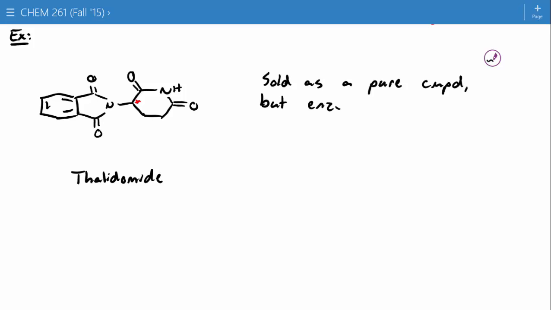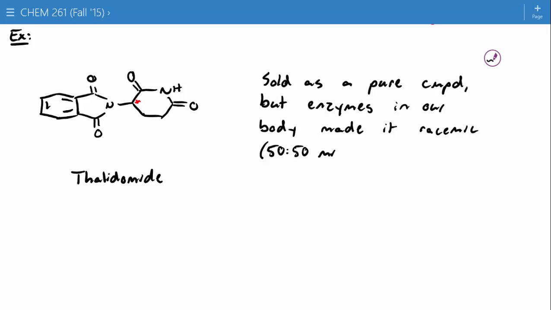But enzymes in our body made it racemic, meaning it was a 50-50 mixture of both-handed molecules.